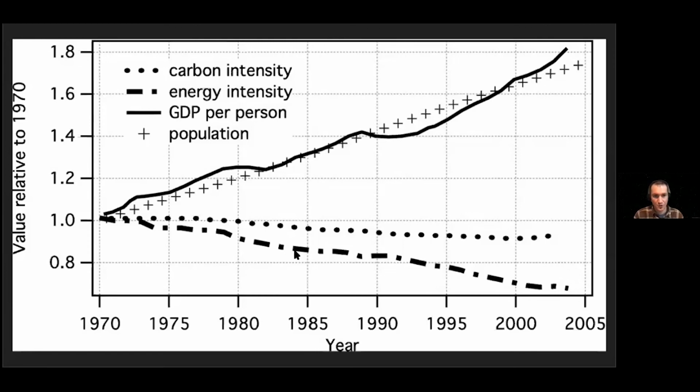So for each joule of energy we consume, the question is how much carbon dioxide is emitted. So as we improve efficiency of our technology, we will emit less carbon dioxide per joule. So that's why we see the values decrease for that. And then the dashed line is energy intensity, and that's the amount of energy we receive for every dollar we spend. So again, this has to do with the efficiency of the technology that we have.